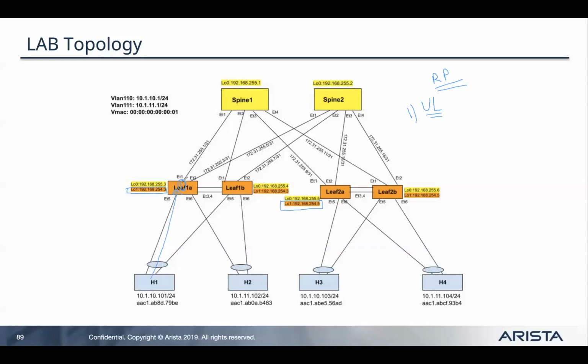Now, to send the packet to this guy, you need to learn the route for the other VTEP IP address. So in your routing table, you should have the 254.4 route, that's /32. This route you should have learned.